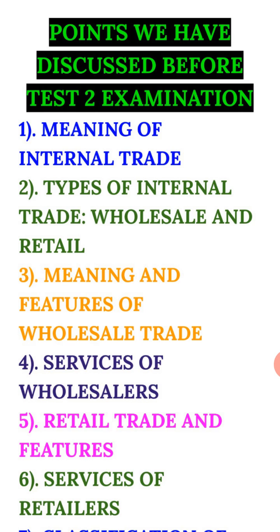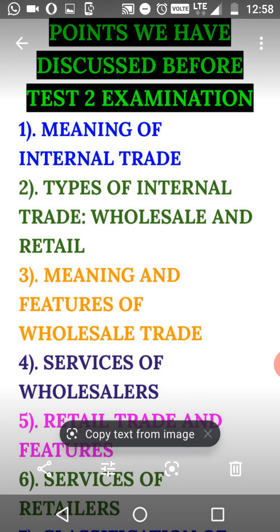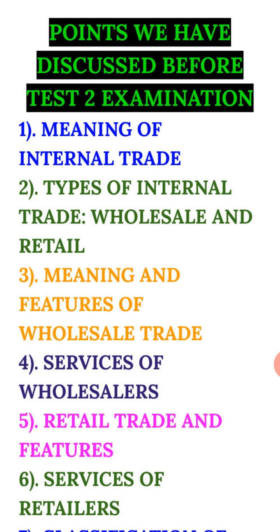Now the next one, the retail trade and its features. Retail trade is the last link in the distribution chain in which the goods are ultimately sold to the ultimate consumers. There are a lot of features of retail trade, such as link in the distribution chain, sells goods to the ultimate consumer, maintains a large variety, and so on.